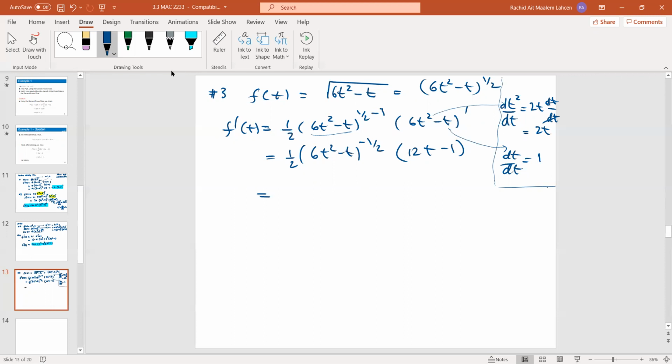So now we can just say this is 1/2. We've done it. So at the denominator we have this, numerator we have 1, we have this. So it's 12t minus 1 over 2 times the square root of 6t squared minus t.